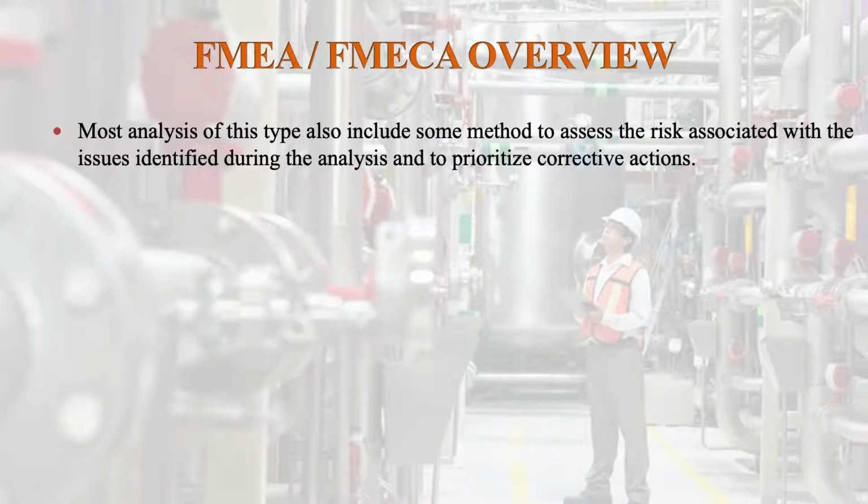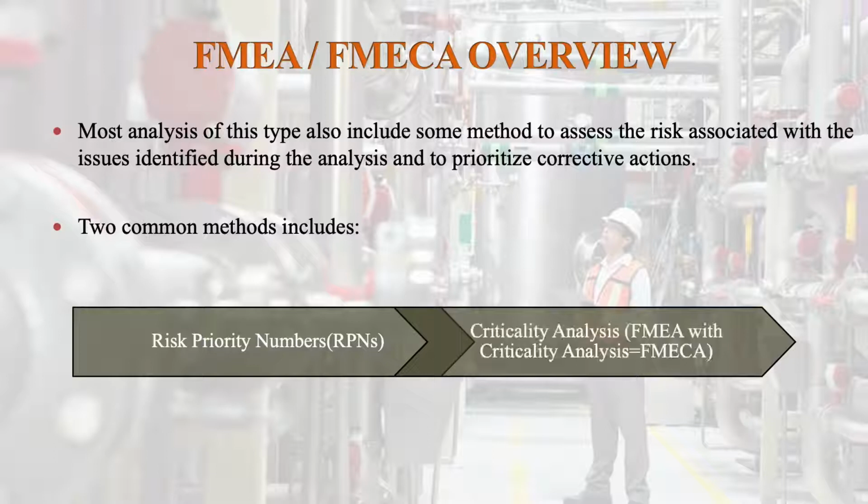Most analyses of this type also include some method to assess the risk associated with the issues identified during the analysis and to prioritize corrective actions. Two common methods include risk priority number and criticality analysis. FMEA with criticality analysis is equal to FMECA. So these two are similar, but in the second one the criticality analysis has been included. That's why we call it FMECA. Detection can also be included in FMECA.